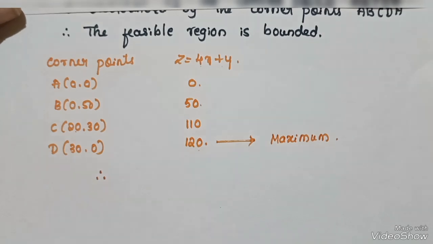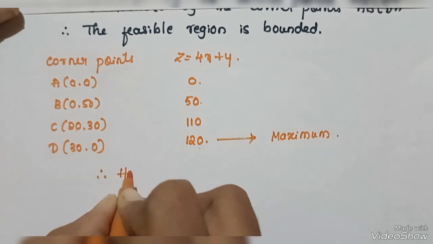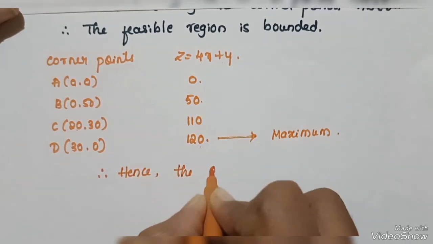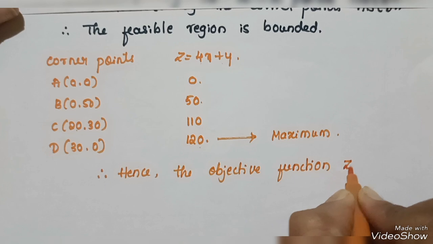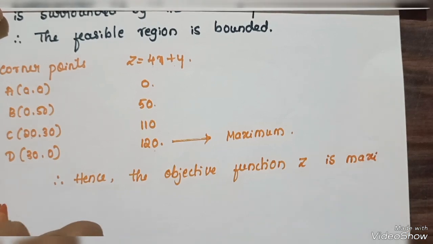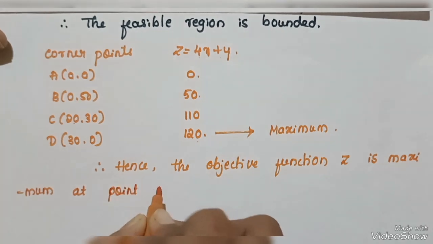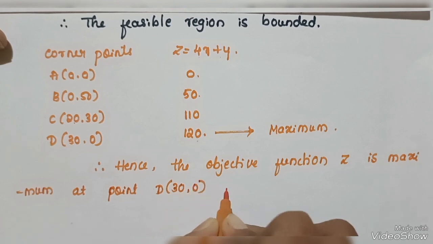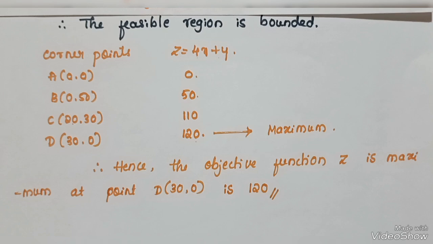Therefore, we have to write the last point, that is the conclusion: hence the objective function z is maximum at point D (30, 0) and the maximum value is 120. Up to this much the solution is completed.